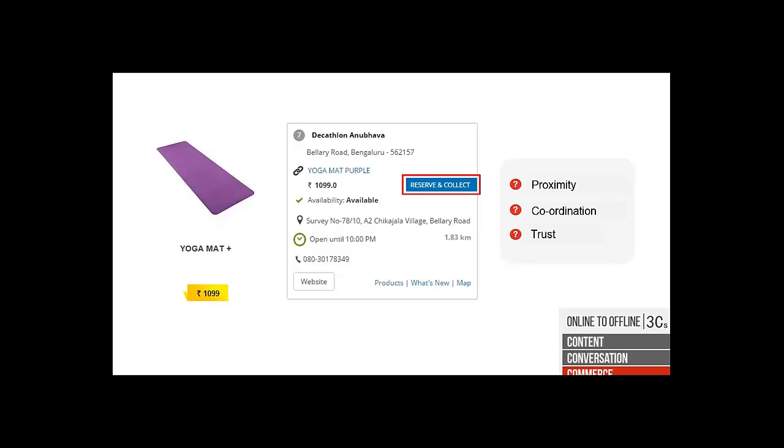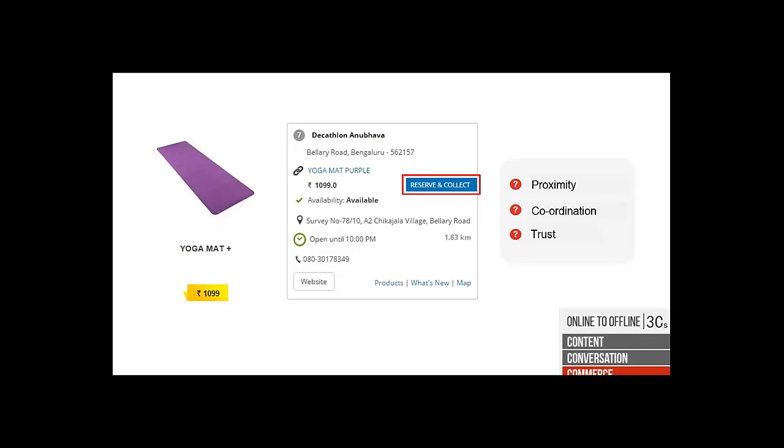One example I want to give here is from the Decathlon sports stores, where we've currently enabled essentially a reserve and collect at some of their stores in the country. This means you can browse through the entire product catalog, you can see the price and the availability at a nearby store, and then you can reserve it so that you can pick it up at your own convenience on your way back from work or on a weekend, but you know that the item is available and has been reserved for you.